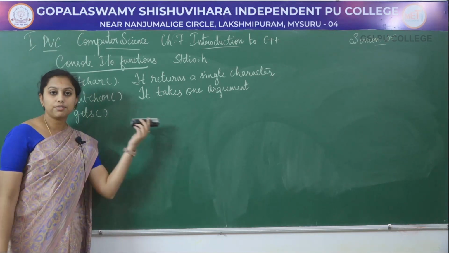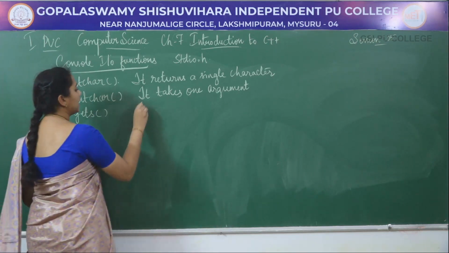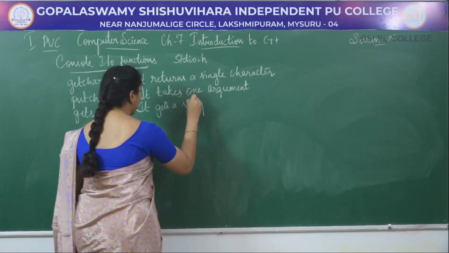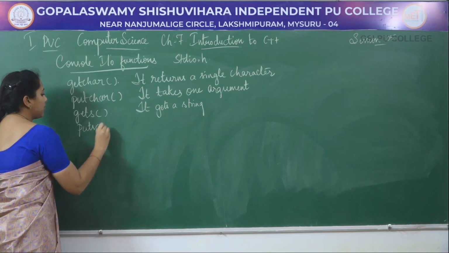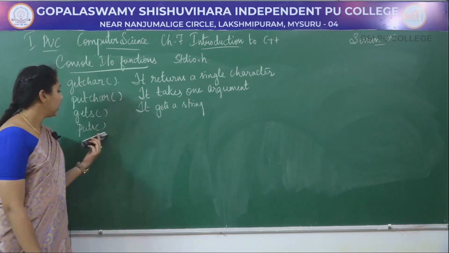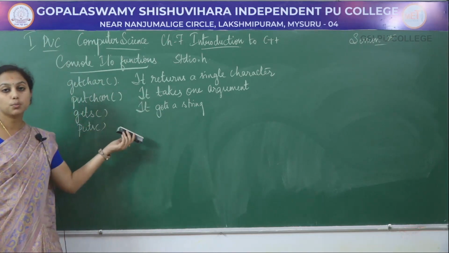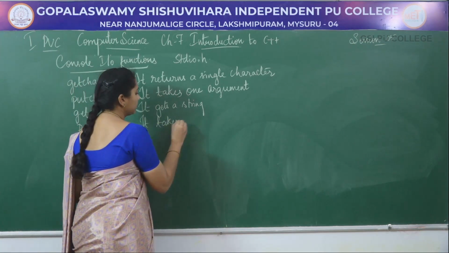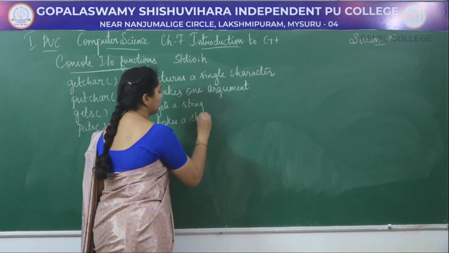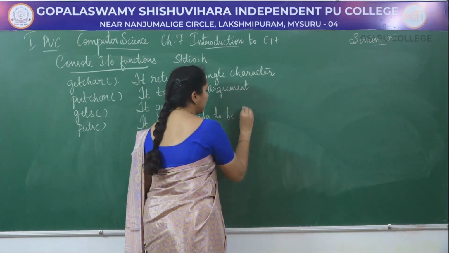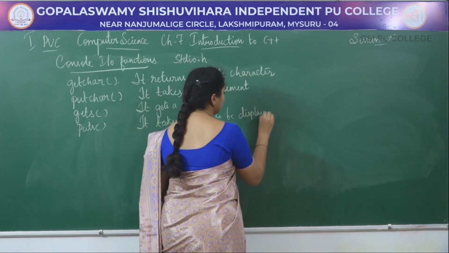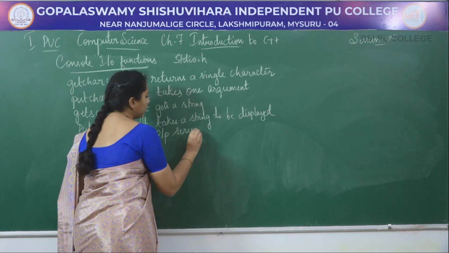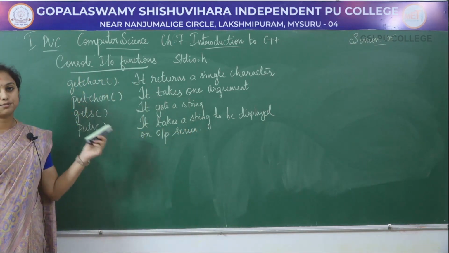It gets a string from the standard input device. And next is puts function. This puts function takes a string to be displayed on the output screen. So these are all the console input output functions.